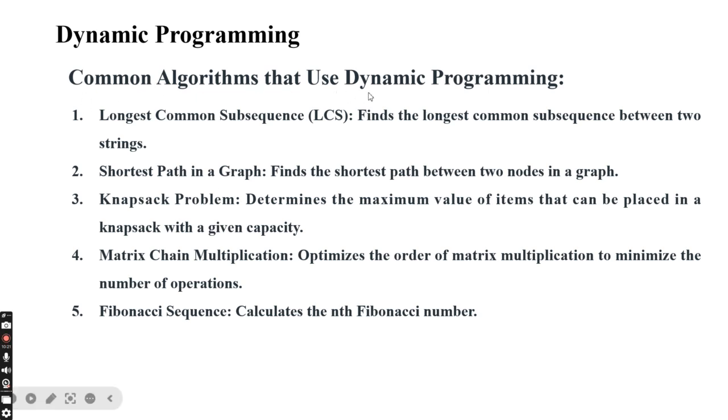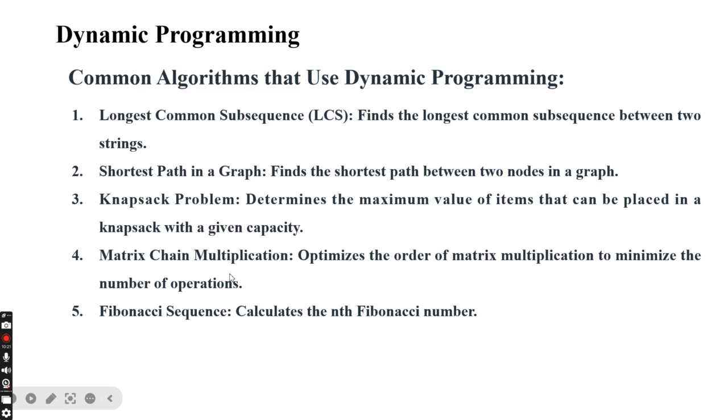Then what are the common algorithms that use dynamic programming? Longest common subsequence: finding the longest common subsequence between two strings. The shortest path in a graph: finding the shortest path between two nodes. The knapsack problem: determining the maximum value of items that can be placed in a knapsack.